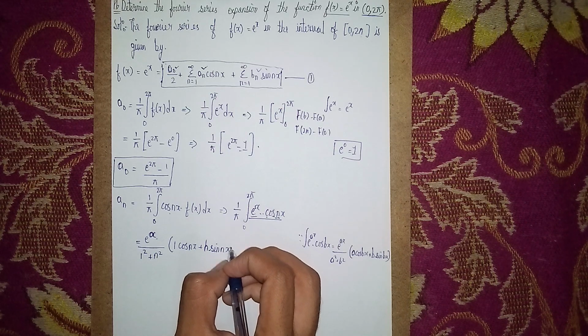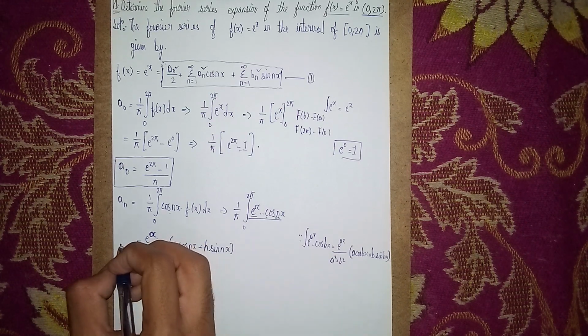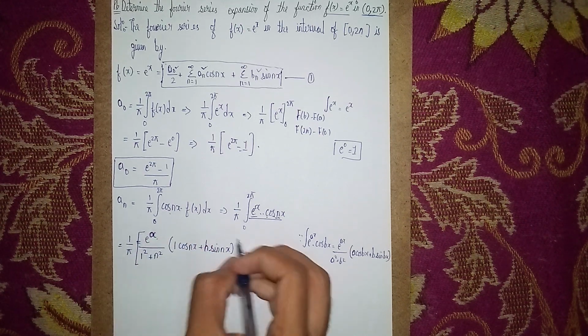We completed this step. Sorry, the 1 by pi should be outside; I forgot to write it. Now it will come in a square bracket.